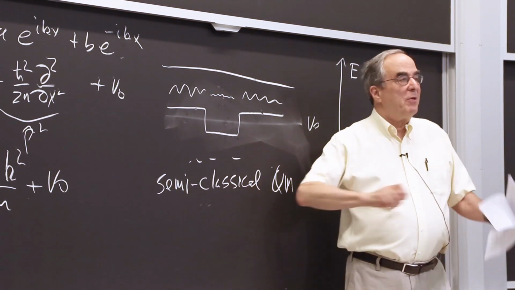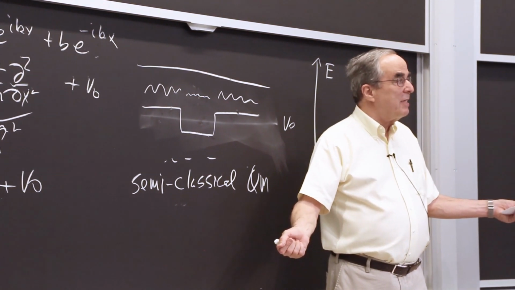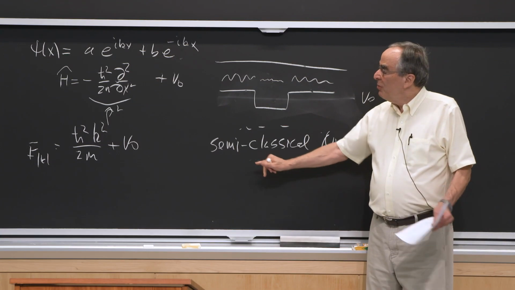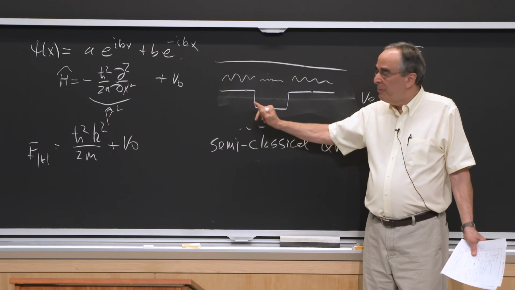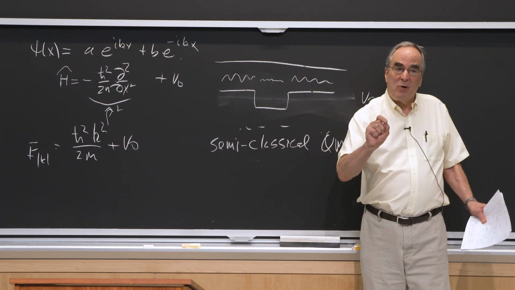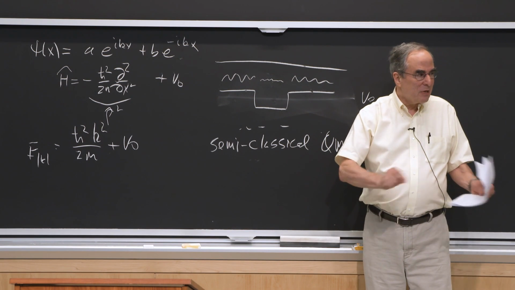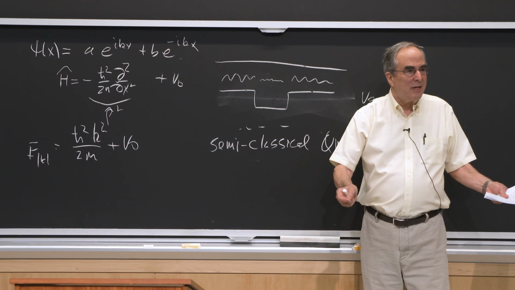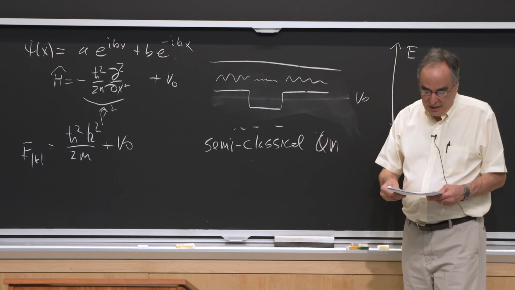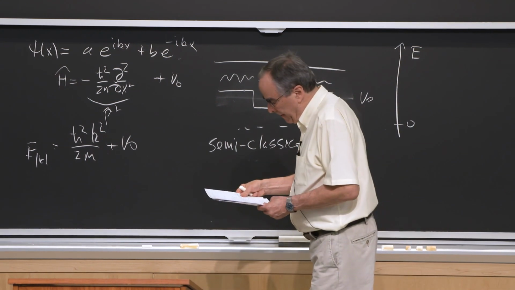I believe you all know classical mechanics, at least a little, enough to be useful. And what we want to be able to do in order to draw pictures and to understand stuff is to insert just enough quantum mechanics into classical mechanics so that it's correct. And then all of a sudden, it starts to make a lot more sense.